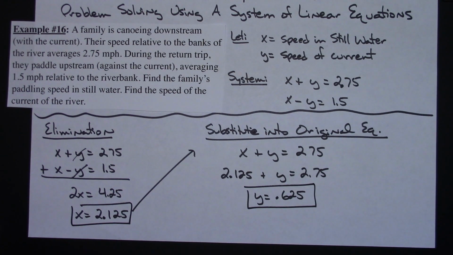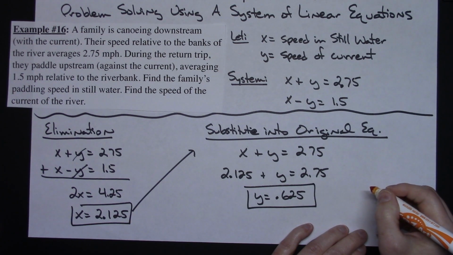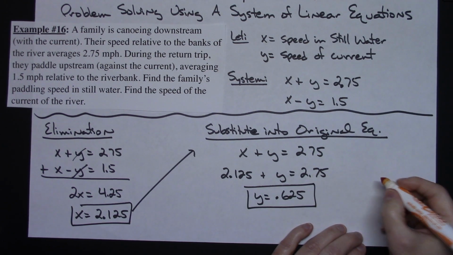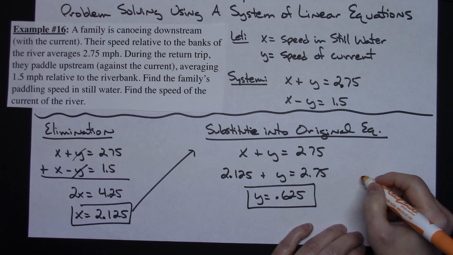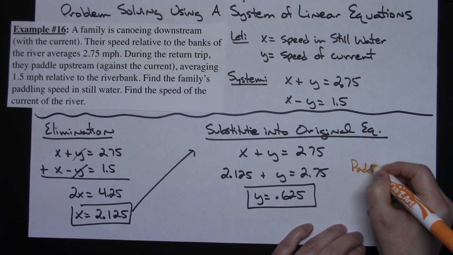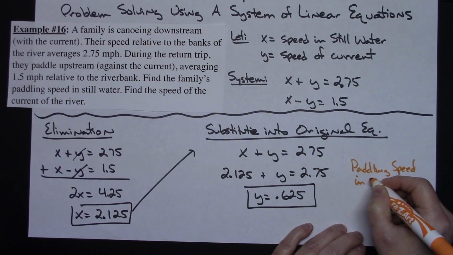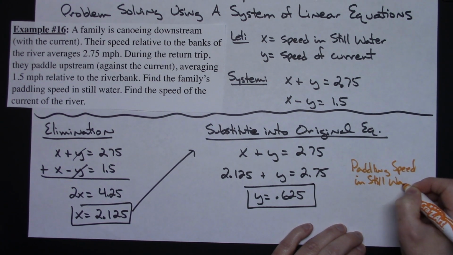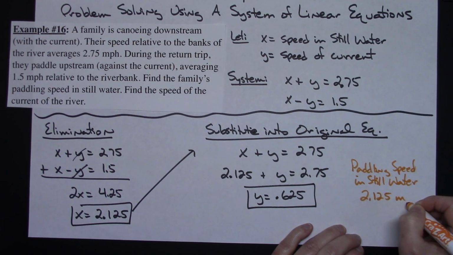So this one, actually, solving with elimination made this one pretty straightforward here. So again, I always summarize what I've got here. The family's paddling speed in still water is 2.125 miles per hour. So we can be a little more specific here. Paddling speed in still water is 2.125 miles per hour.